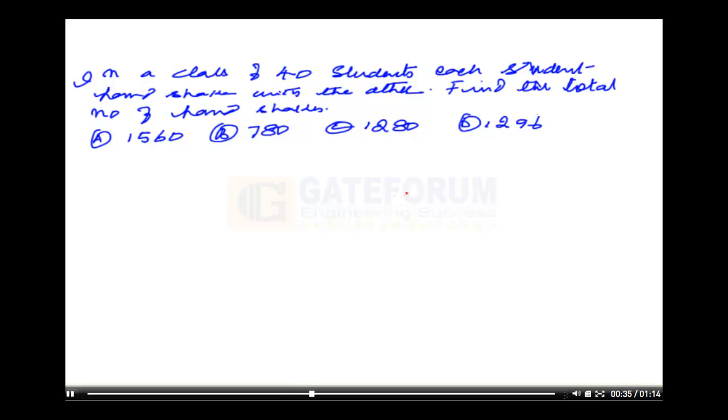Whether student A shakes hands with B or B shakes hands with A makes no difference. So the number of handshakes among 40 students is 40C2, that is equivalent to 40 into 39 by 2 into 1, which is 780.